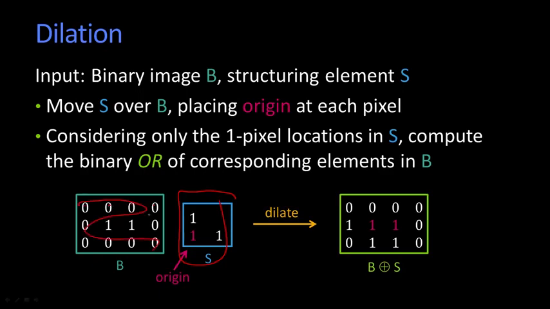And wherever you place it, you're going to take the OR of all of the ones in the structuring element with the ones underneath it. And so what that means is if any of the ones of the structuring element land on a 1 in the binary image, the OR of all that will be 1.